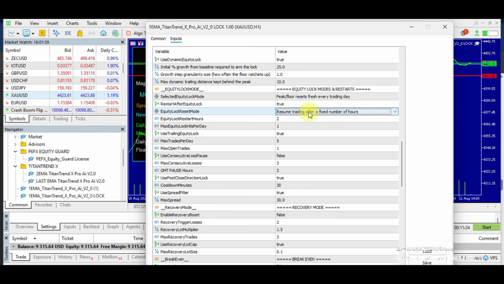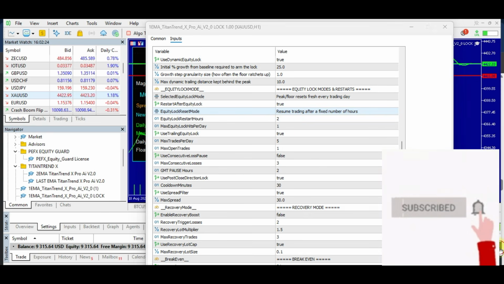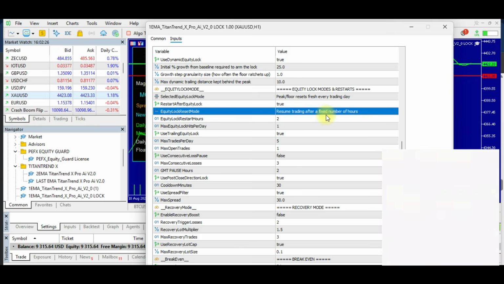If any of them hits, as I do the backtesting I will show you how it is hitting and how it is accumulating, and that is when you will understand this part very well. When you say restart mode, if 20% of the equity is hit in profit, you are telling the robot here to restart trading mode.